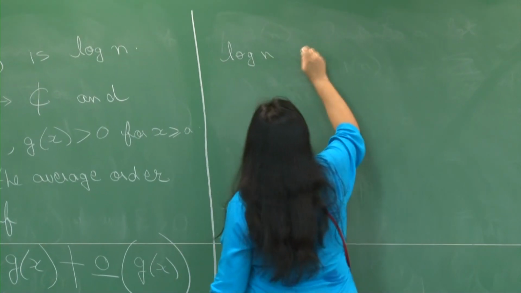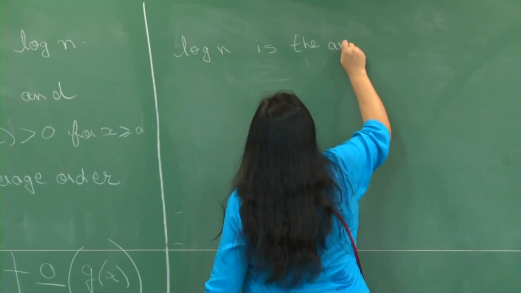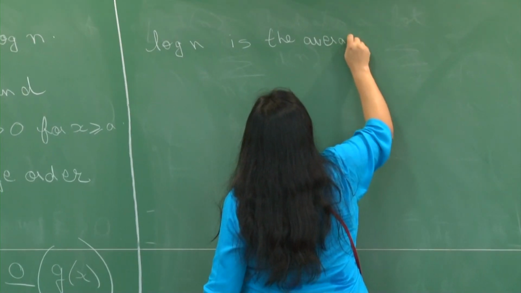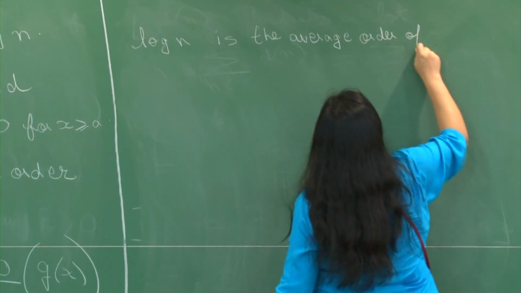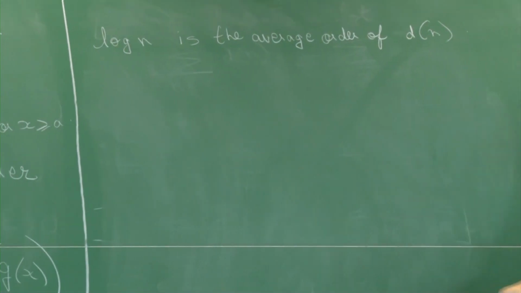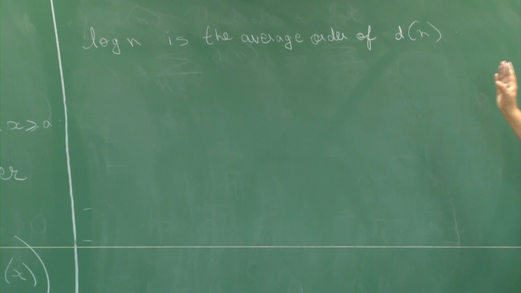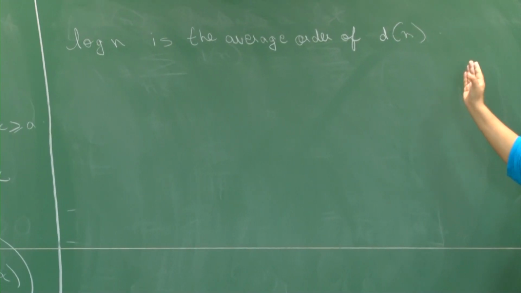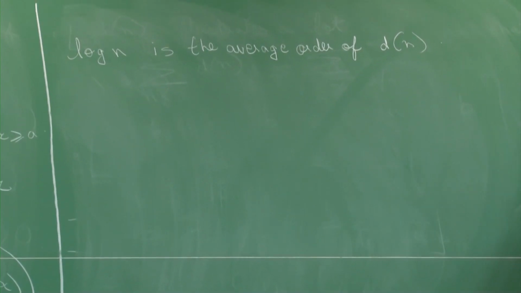This is the example that we just saw. Now, of course, this begs the question, it is the average order, but how does d of n vary with respect to its average order? How does it fluctuate?